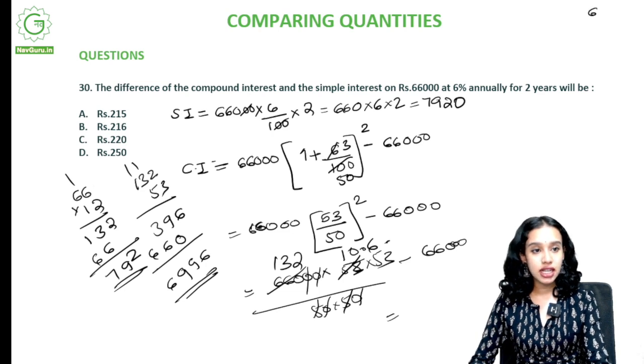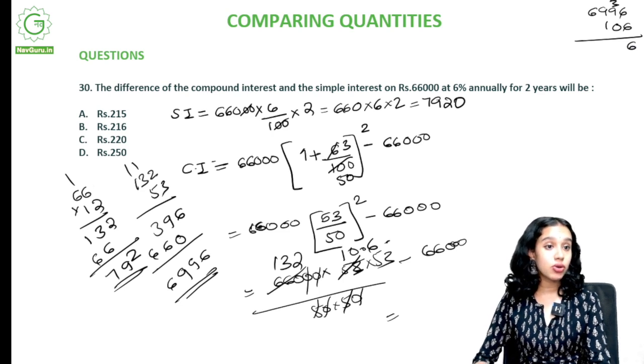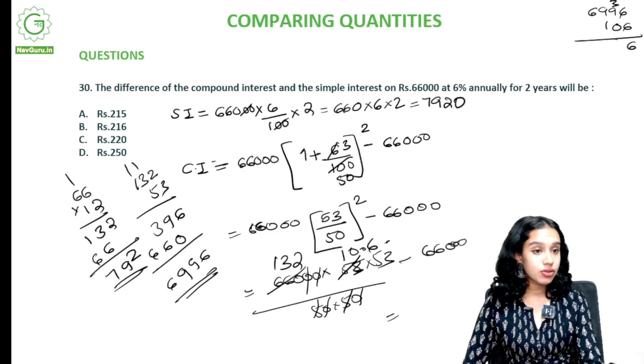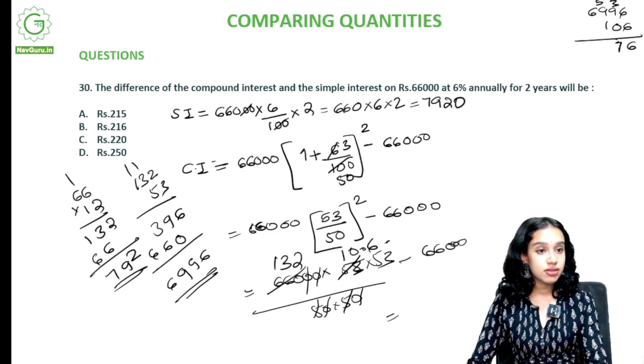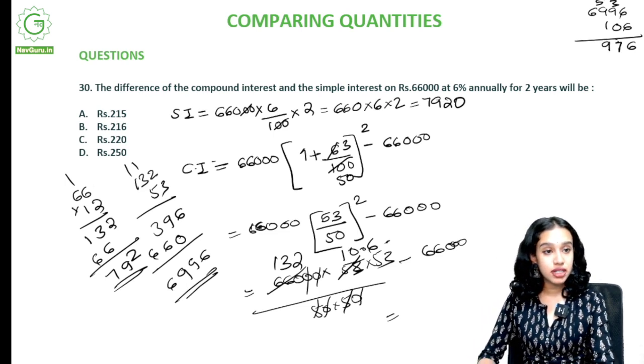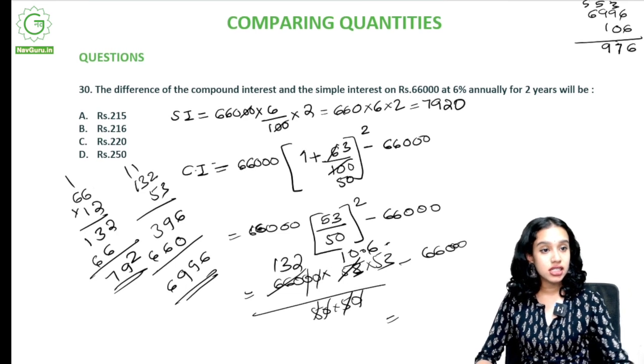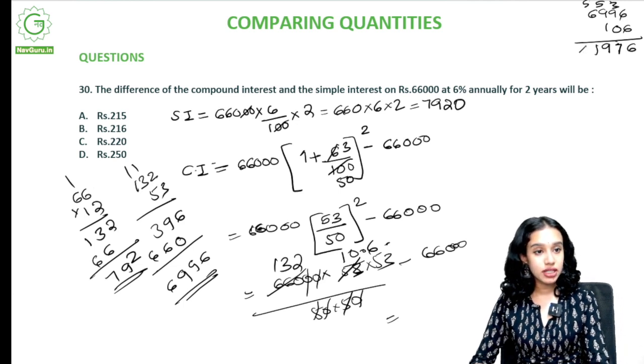We have 6996 into 106, which gives us 6 9s are 54, plus 3, 57, 6 9s are 54, plus 5 is 59, and 6 6s are 36, plus 5 is 41. So we get 41 here.